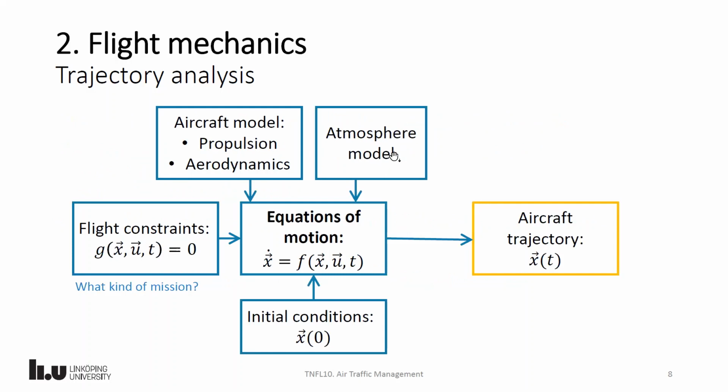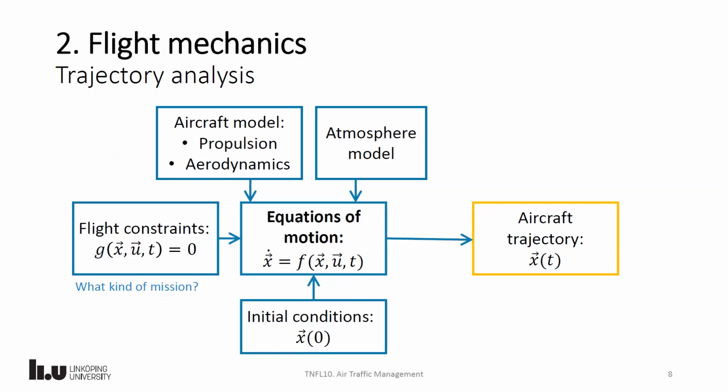So this is an example, a diagram of what flight mechanics does. You have the equations of motion of the aircraft, which is based on the Newton laws. And to this you feed some initial conditions, for example, the initial position of the aircraft, whether it's on the ground or already flying, the initial mass of the aircraft.